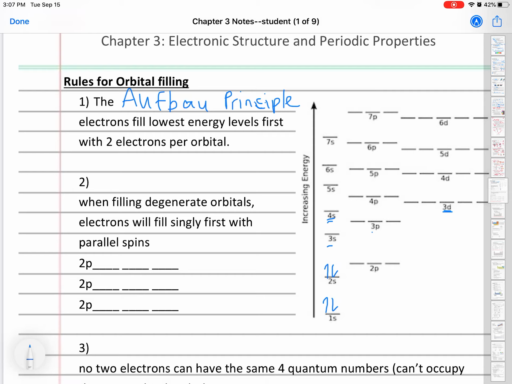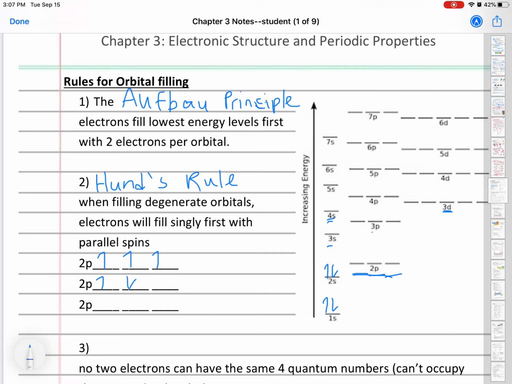The next rule: when we're trying to fill the p orbitals, which are 3 degenerate orbitals, we follow Hund's rule. Hund said that electrons will fill degenerate levels singly and with parallel spins first. So something like that.